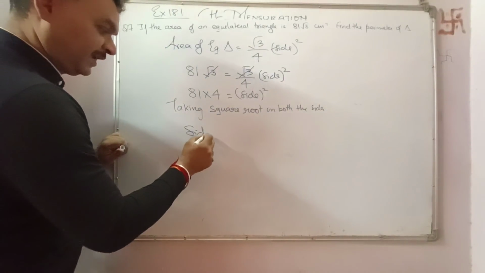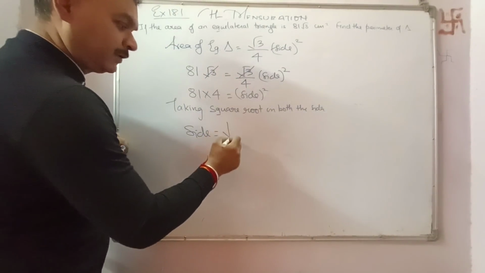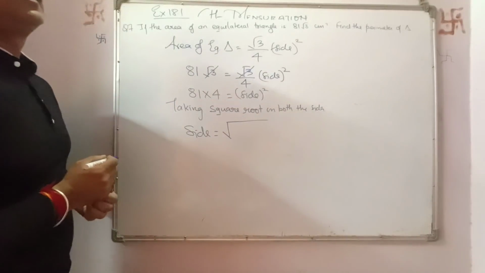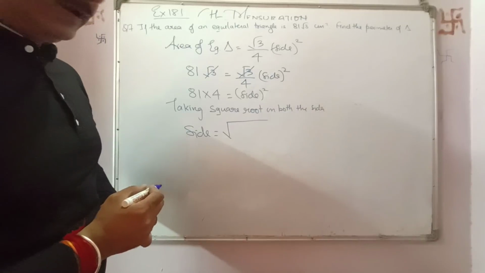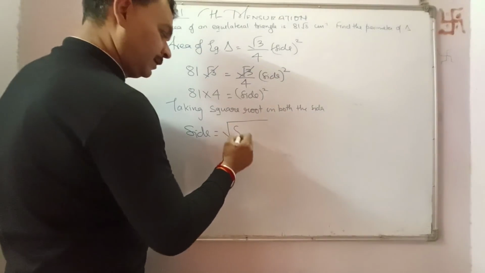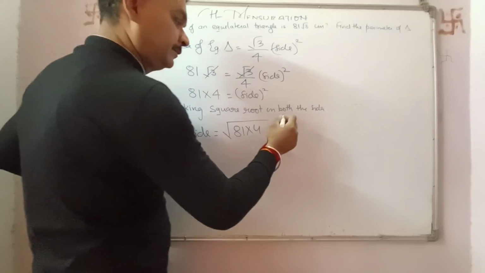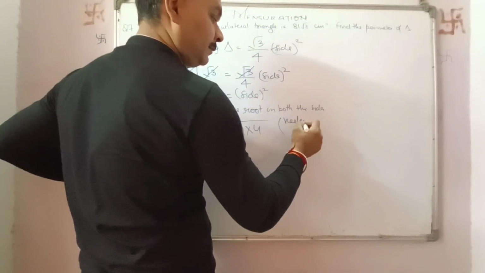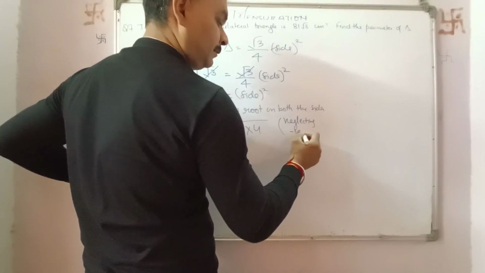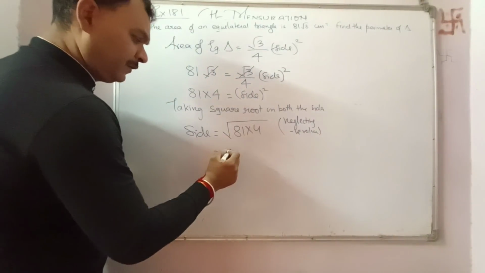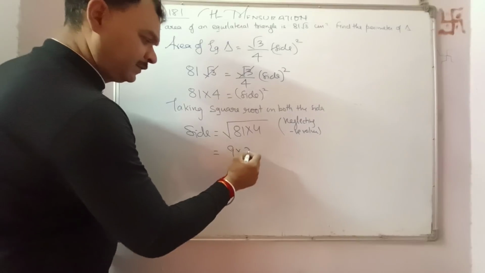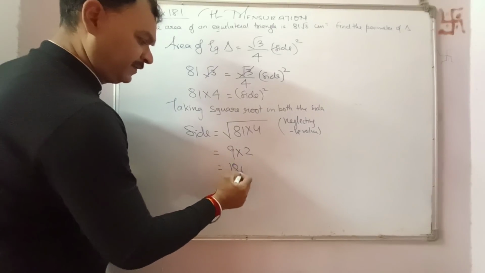So side is equal to plus minus, but we know that the side of a triangle cannot be negative, so neglecting the negative value, the square root of 81 into 4: the square root of 81 is 9, the square root of 4 is 2, that is 18 centimeter.